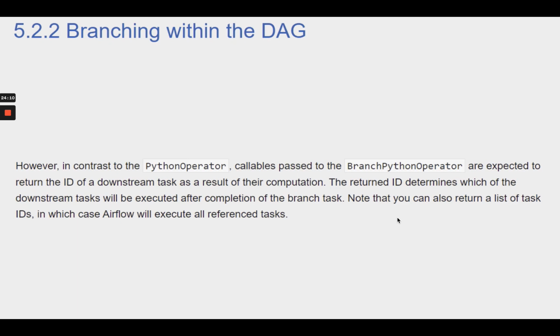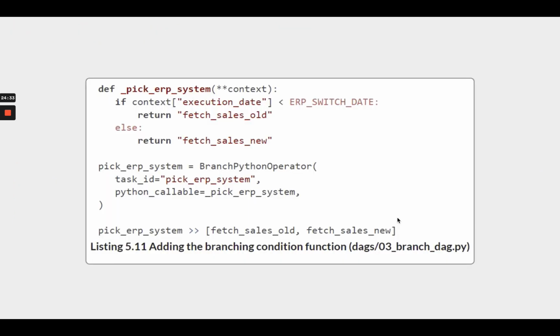However, in contrast to the Python operator, callables passed to the BranchPythonOperator are expected to return the ID of a downstream task as a result of their computation. The returned ID determines which of the downstream tasks will be executed after completion of the branch task. Note that you can also return a list of task IDs, in which case Airflow will execute all referenced tasks.